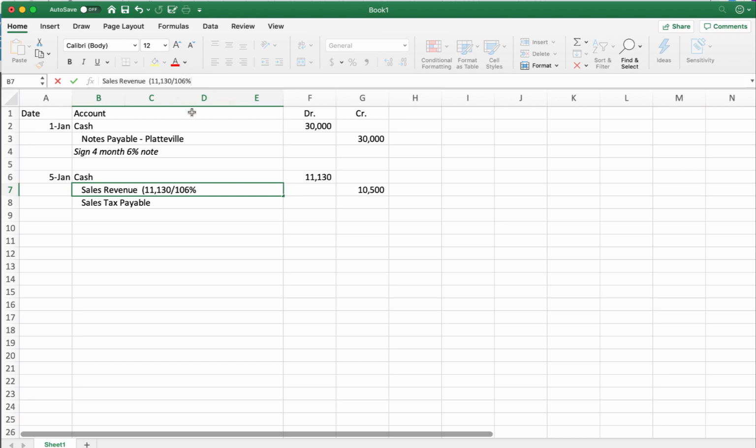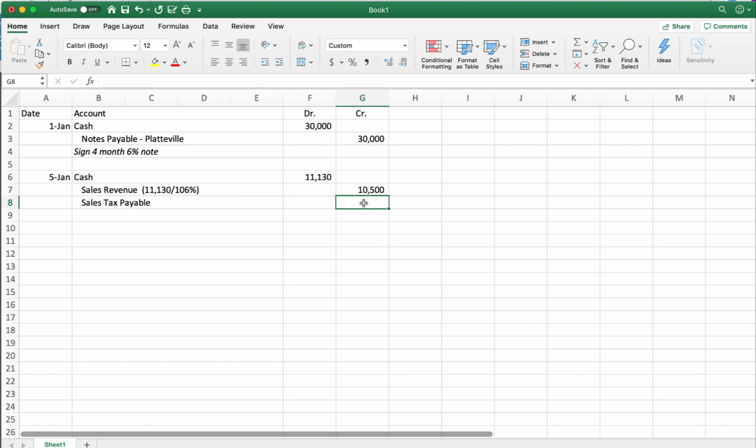Okay? Now I need to figure out how much of this is actually sales tax that I owe. Well, that's easy. Take my cash, total cash that I received, subtract out the sales revenue.